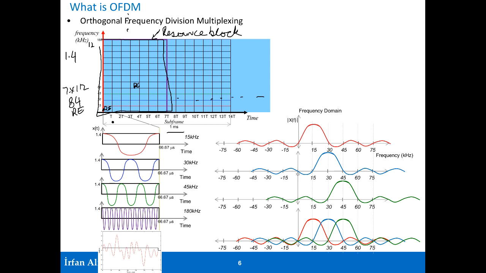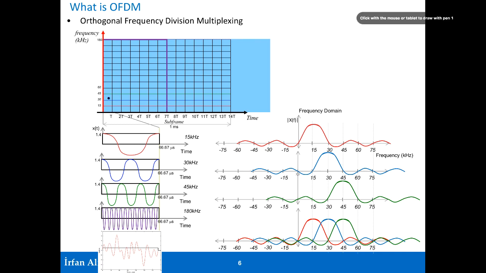Also, to talk about how various bit streams are sent. With OFDM, what you could have done, and theoretically what is possible, is that you could be sending this 15 kilohertz to UE1, and you could be sending this 30 kilohertz to UE2.